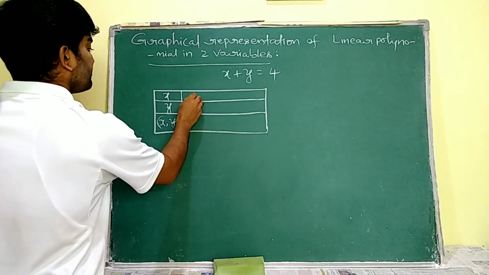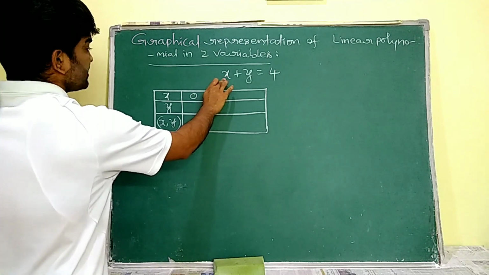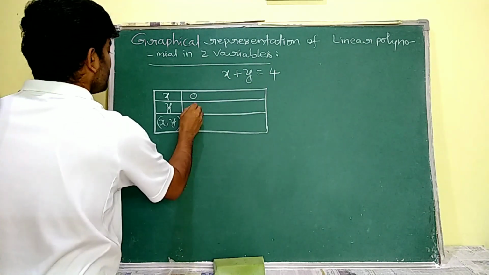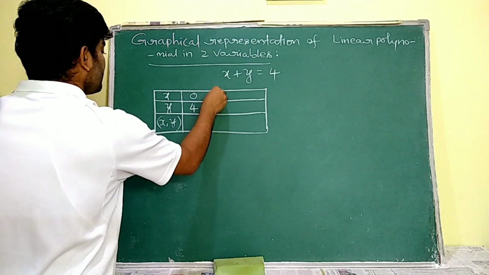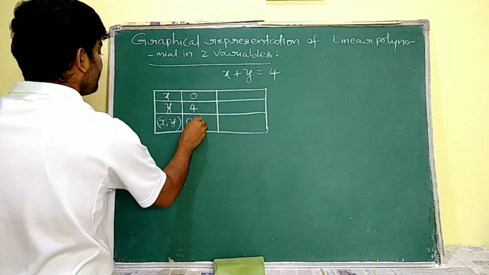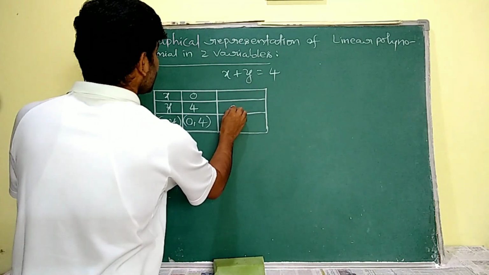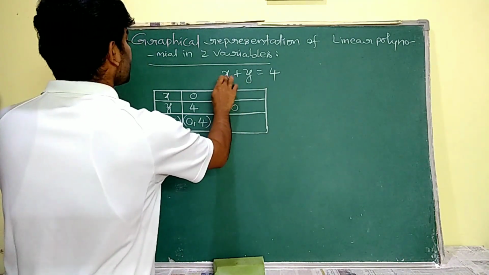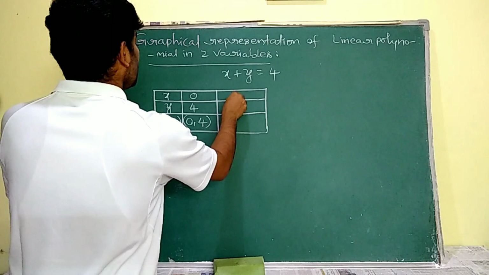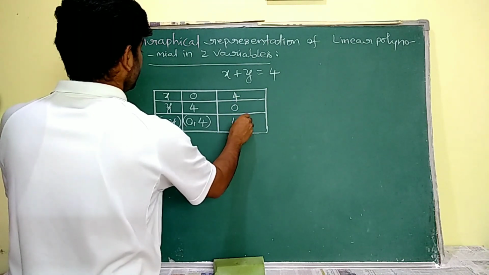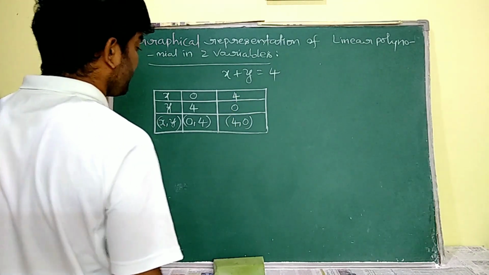Let us suppose the x value is 0. Then 0 + y = 4, so the y value is 4. (0, 4) is our required point. Let us suppose the y value is 0. Then x + 0 = 4, so the x value is 4. So (4, 0) is a point.